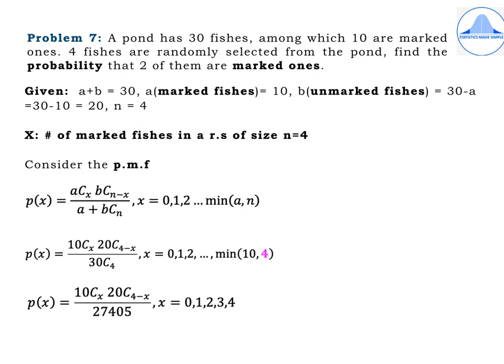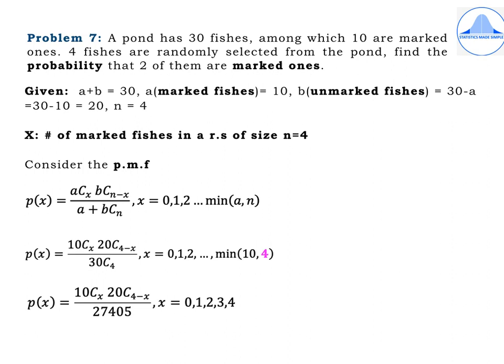Then write the PMF of the hypergeometric distribution as P of x equal to ACx BCn minus x divided by A plus BCn, and x takes the value 0, 1, 2, so on, minimum of a comma n.